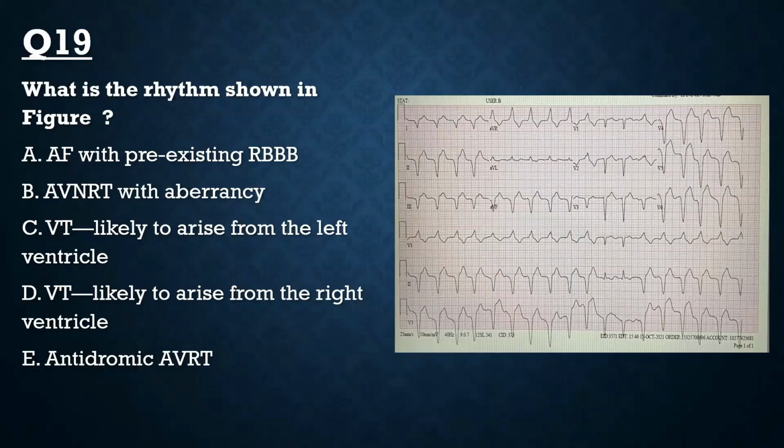Antidromic AVRT. Excellent. يلا. What do you think يا مبارك? Yes, this is a wide QRS complex tachycardia. Okay. Positive R wave in V1, and there is a negative in V1, positive and negative R wave.